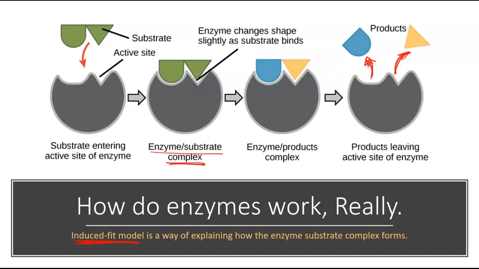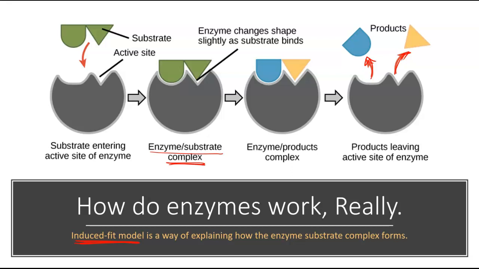Now, a better way of demonstrating this with our lock and key hypothesis is if the key, while being inserted into the keyhole, slightly changed the keyhole or allowed the lock to be induced by or be persuaded by the key in some way. That would be a way of using the lock and key hypothesis as an analogy to this induced fit model. But hopefully you see the difference.